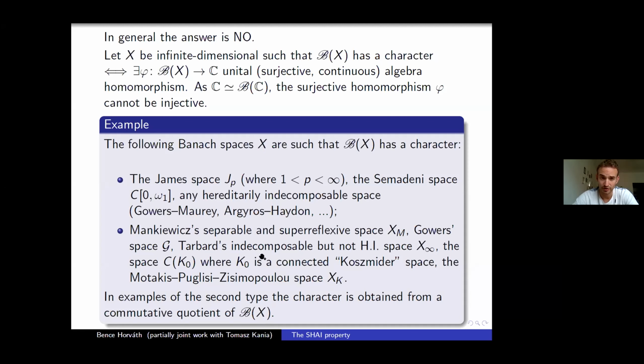This is B of X quotients onto L infinity, or take Gowers space, or Matthew Tarbard constructed an indecomposable but not AGI space which quotients onto L1 of natural numbers including 0, or the space constructed by Motakis, Puglisi, and Zisimopoulou, and the so-called Koch-Mitter spaces as well. So these are just examples. We'll get back to it later.